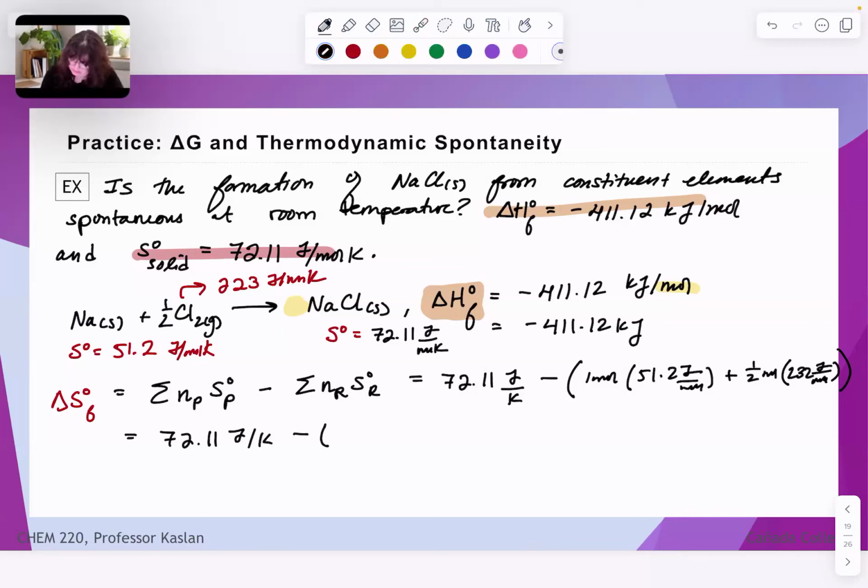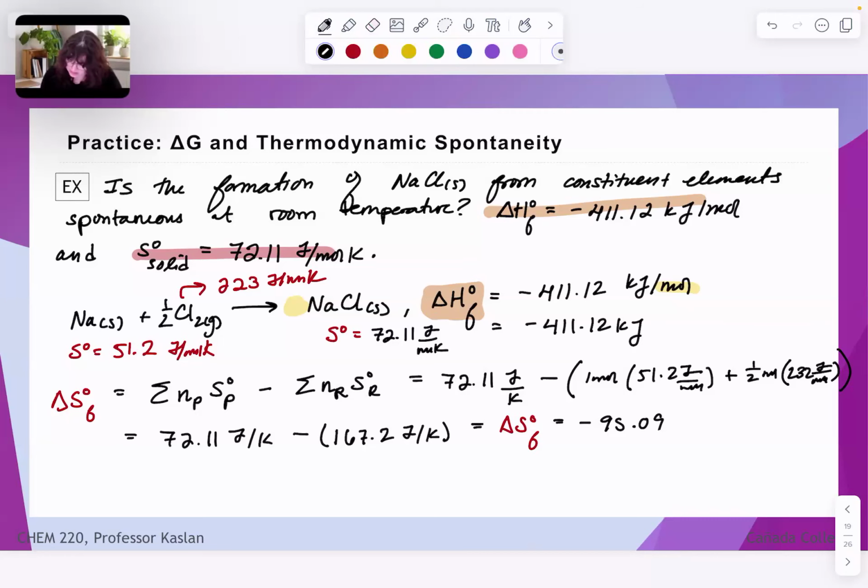So that is 167.2 joules per Kelvin. Then we get delta S of the formation of this crystal as being negative 95.09. So that means that our entropy decreased.